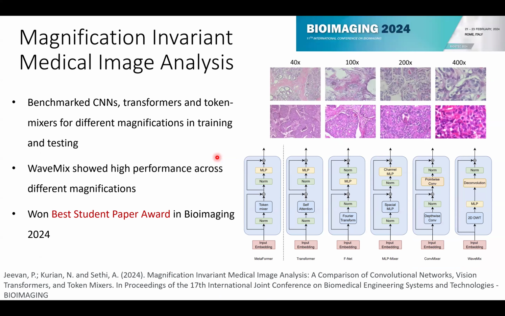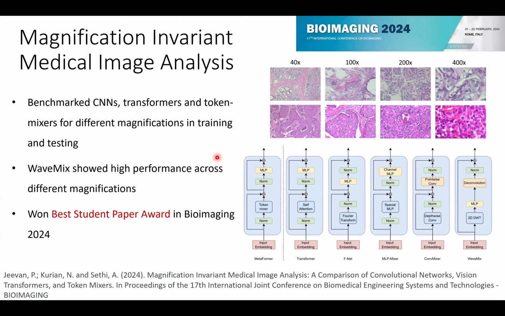Since WaveMix has this multi-resolution token mixing property, one of the applications it was used in was medical image analysis, especially in histopathology, where the magnification invariance property of WaveMix was utilized for cancer detection.